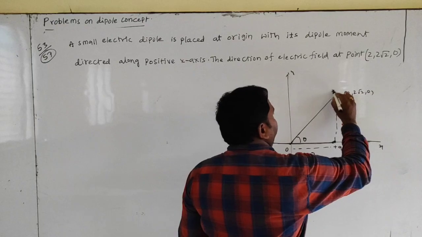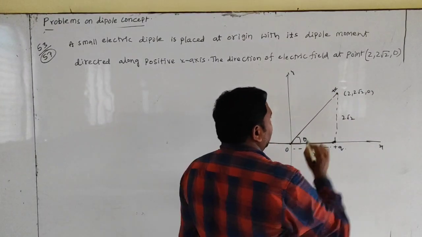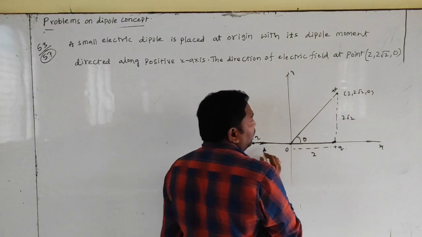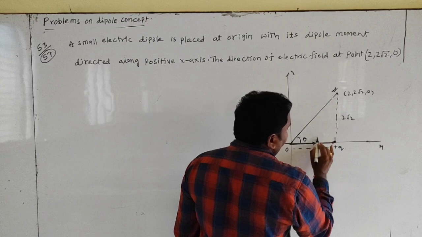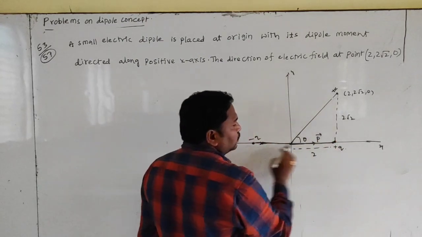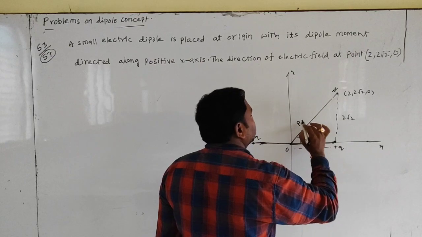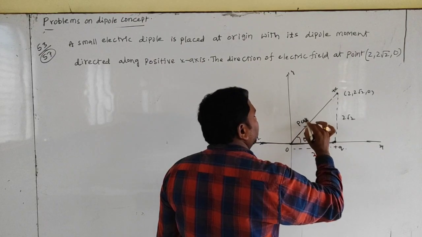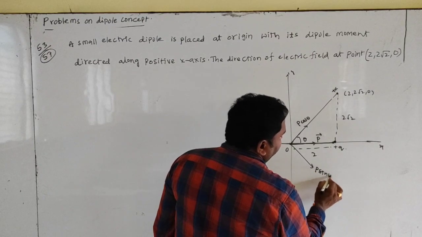Now at this point we place 1 unit coulomb and find the intensity of electric field. First, take the dipole moment from minus q to plus q and resolve it into two components: p cos theta and, in the perpendicular direction, p sin theta.